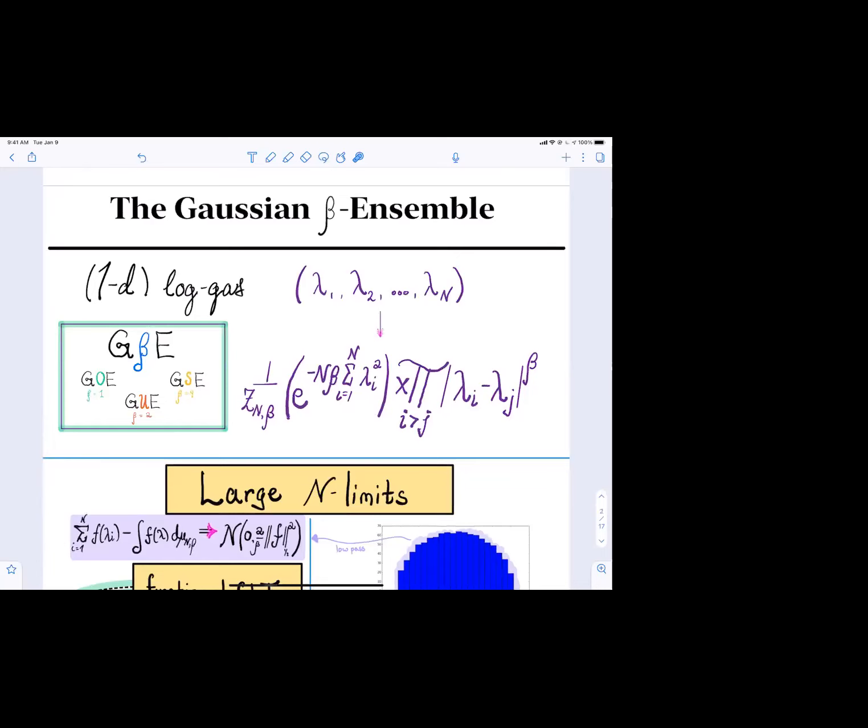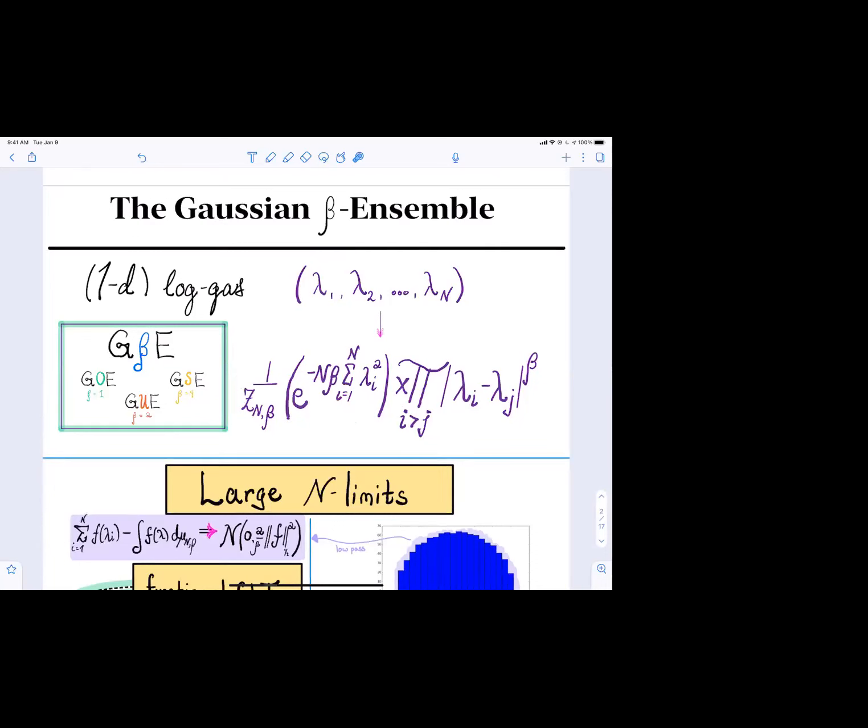It's a joint distribution on n-tuples on the real line, which features two parts. The Vandermonde determinant, which is the interaction between the points, has a power beta, so beta is the strength of the interaction. And then there's this Gaussian part, hence the Gaussian here, which constrains the points to not escape off to infinity, so they are lying somewhere.